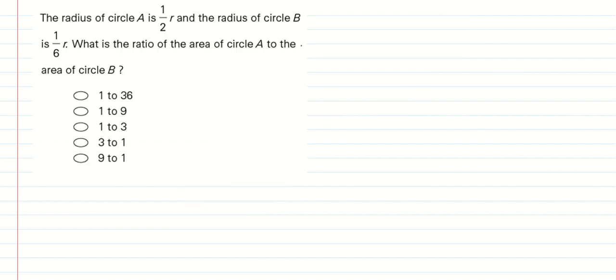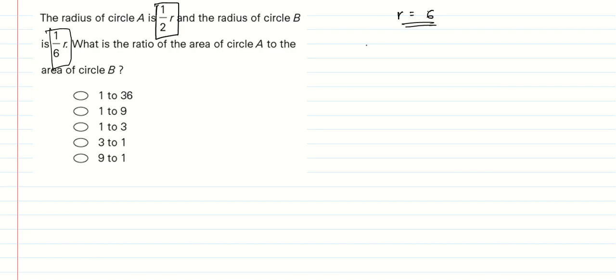So let's try this question. Try, tell me the answer. How do we solve it? Circle A radius is 1 by 2r. Circle B radius, how much do we have? What is the ratio of the area of circle A? Now, see, r is common, no? Can I take r as some good number, that's a multiple of 2 and 6? Can I take 6?